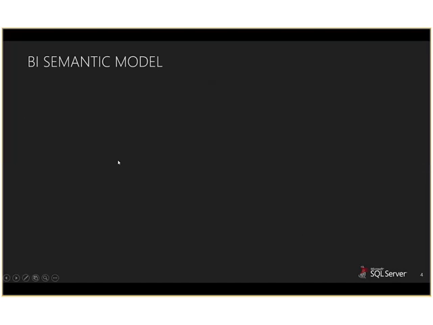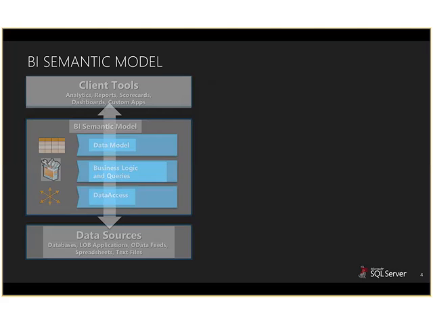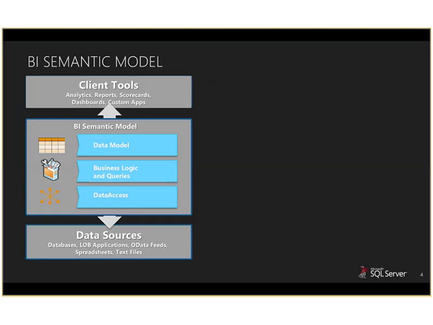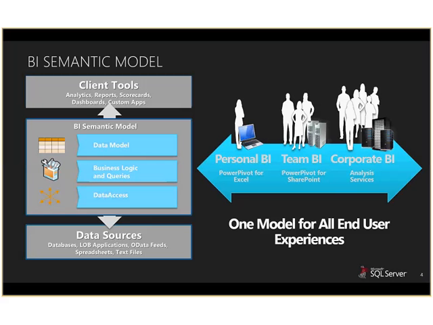So what I really want to focus on in this presentation, just these next 2 slides, is the BI semantic model. What Microsoft wanted to do was simplify accessing data from a user perspective. So regardless of the form of the data, we're going to be presenting it to the end users in the same way.